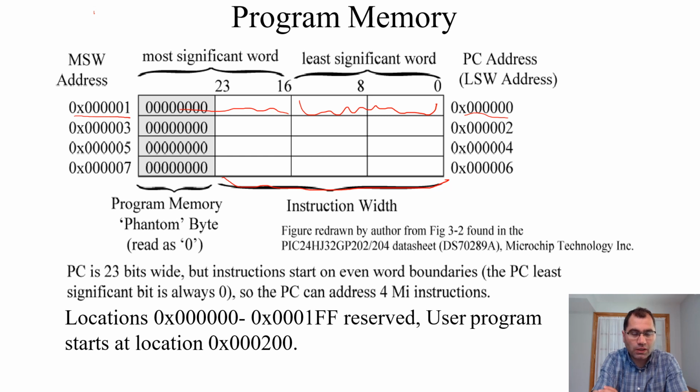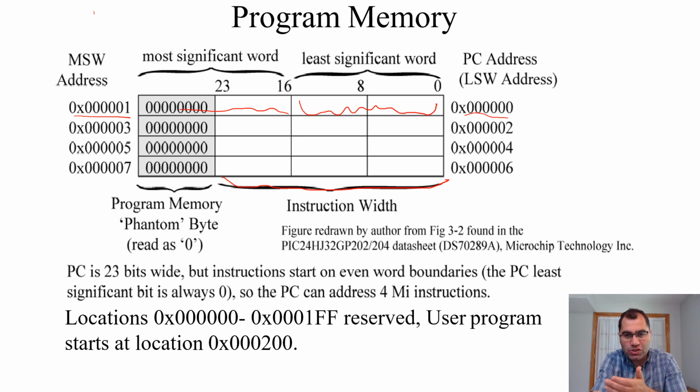Because the instruction is 24-bit, we are not using the most significant byte here. We call it the phantom byte; it is read as 0, and it is unimplemented.